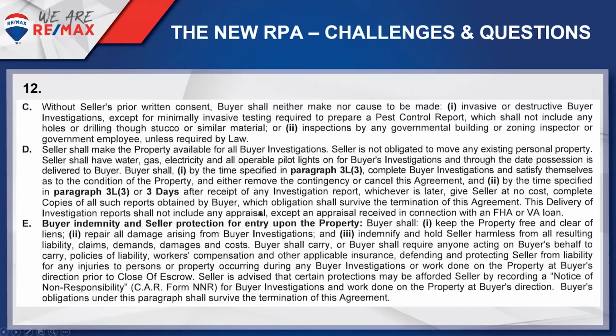And this obligation should survive the termination of the agreement. And the reason that's in there is so they get a physical inspection, they don't like the condition of the house, and then they cancel it. And then they say, we're not obligated to give you the report because our contract's been canceled. Well, this particular requirement survives the cancellation of the contract.